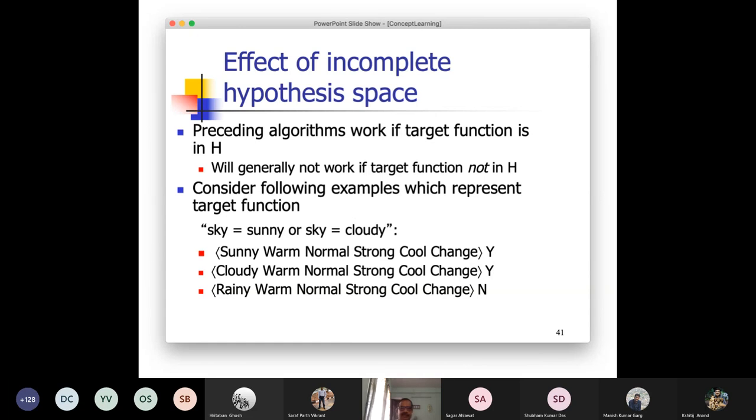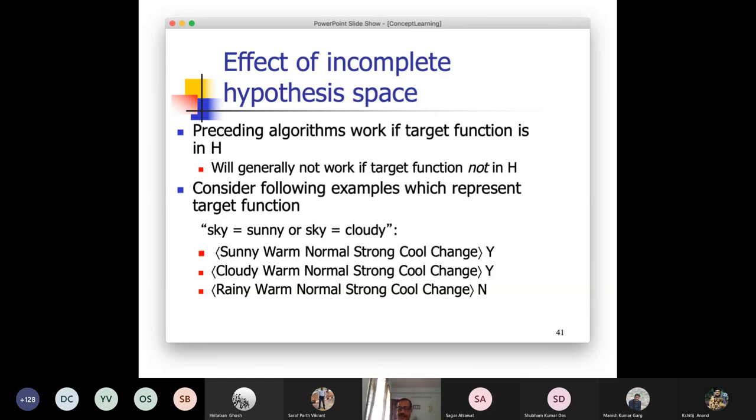So consider this your target concept, and with respect to this target concept, suppose you get these labels, which are also consistent with it. You get sunny, warm, normal, strong, cool, change, you get Y. Cloudy, warm, normal, strong, cool, change, you get Y. But rainy, warm, normal, strong, cool, change, you get a negation, N.